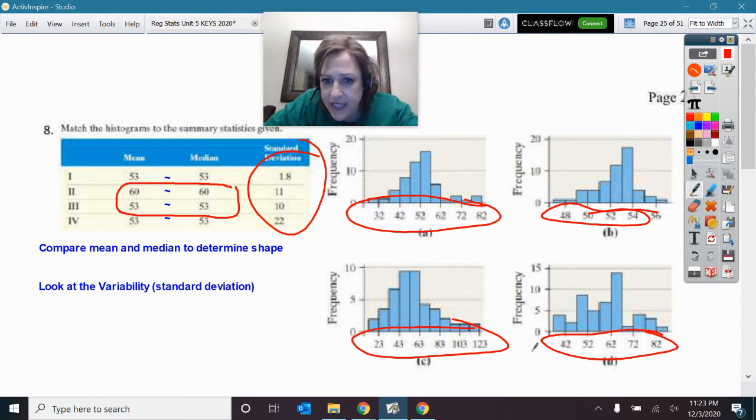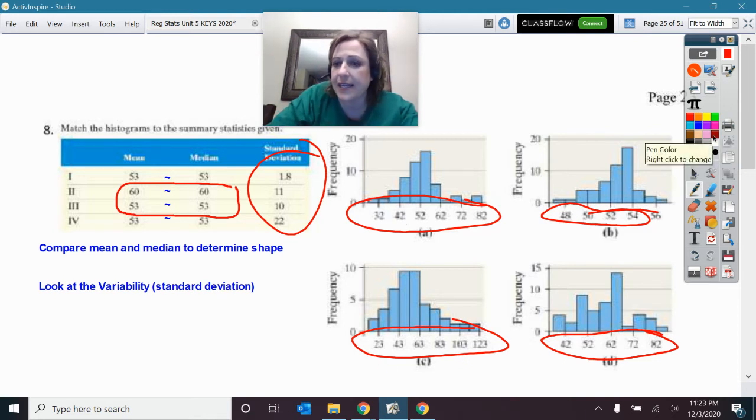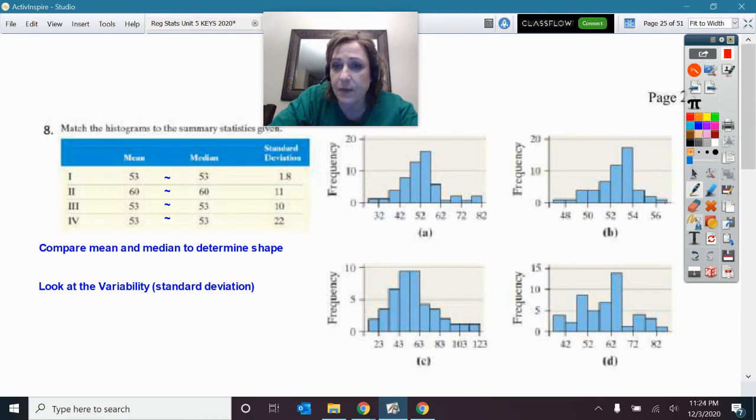Which of these sets of data definitely seems to be the least spread out? To me, this one is definitely the least spread out. So from that, I can tell that this is going to be my data set one. Done. Also, it does seem to be centered around that 53.